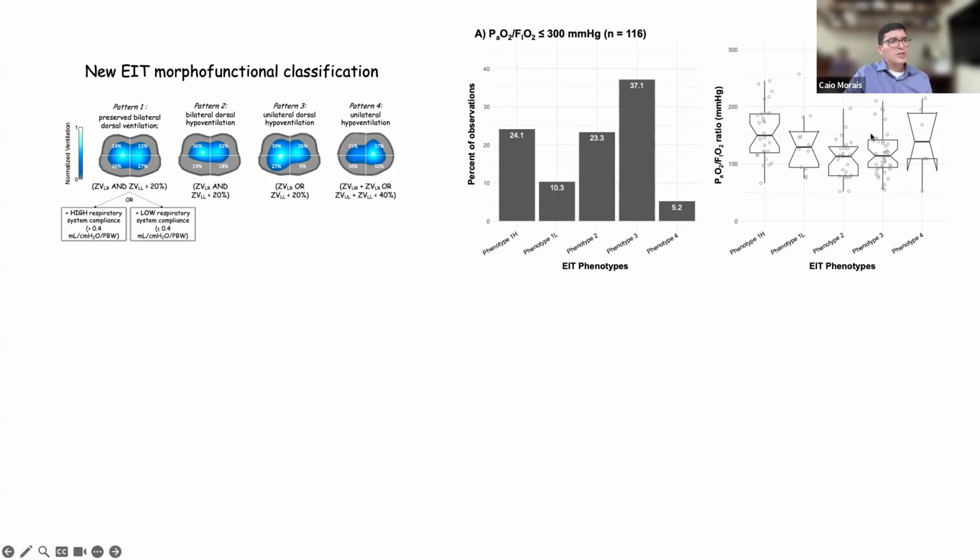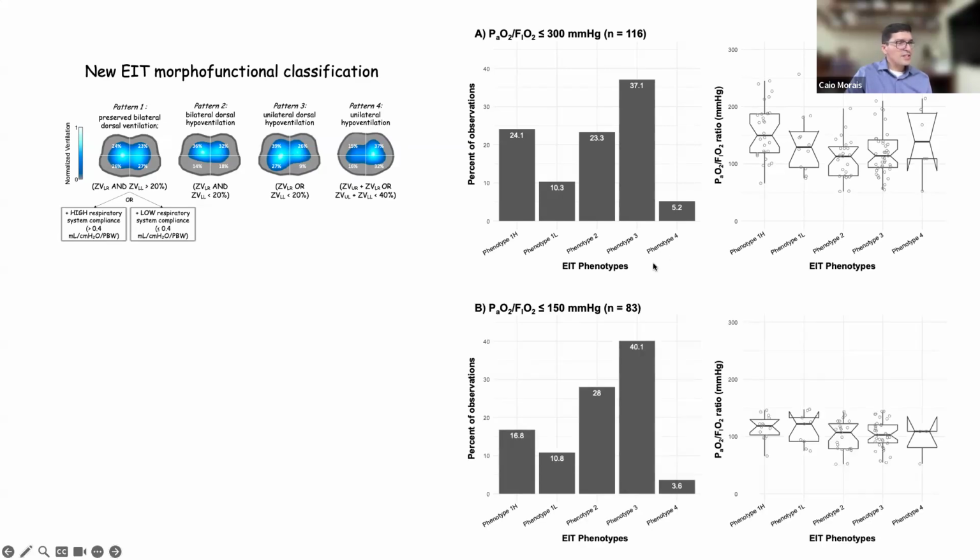Comparing with PF ratio, we were able to see that the phenotype with bilateral hypoventilation demonstrates lower PF ratio, lower oxygenation, and it is easy to hypothesize that this is probably because we have more shunt and poor gas exchange.